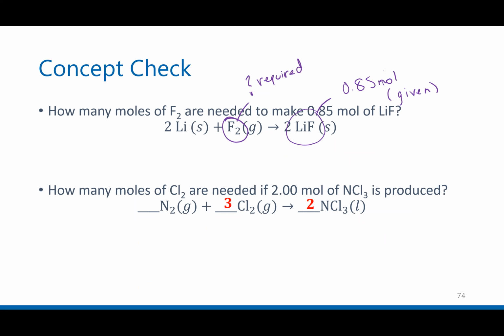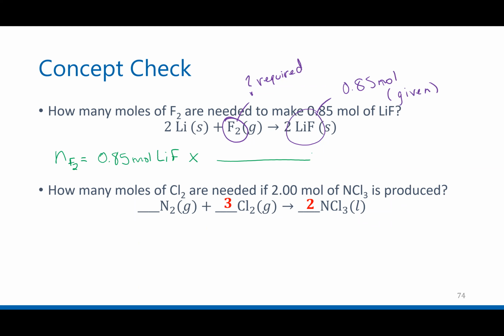Okay, so all I do, I'm going to switch to a different color here. Let's go green. I want to find my moles of fluorine. My brain just really wants to say iron for some reason. So I take the number that I'm given in the question. The question tells me I have 8.5 moles of lithium fluoride, and I multiply that by my mole ratio.